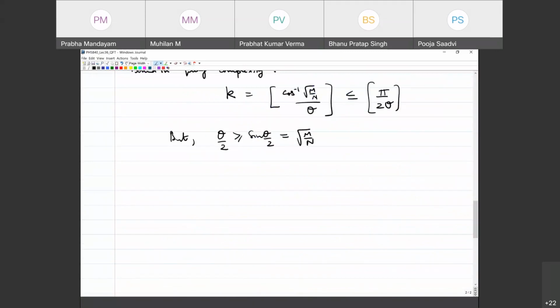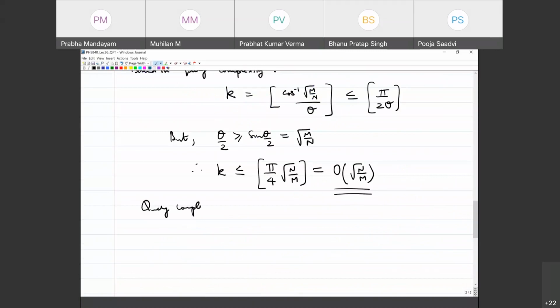Therefore, k is less than or equal to pi by 4 square root n over m, the closest integer, which is basically of order square root n over m. Therefore, the query complexity goes as square root n over m. This is the quantum query complexity. Classically, this goes as order n.